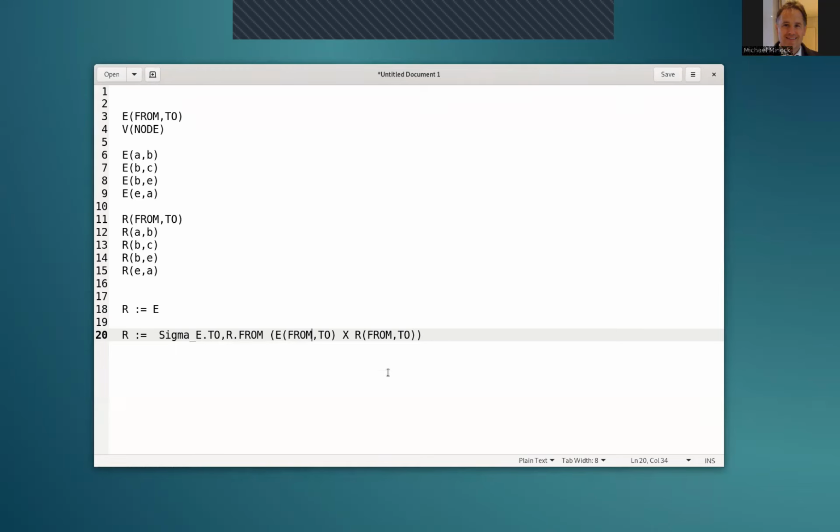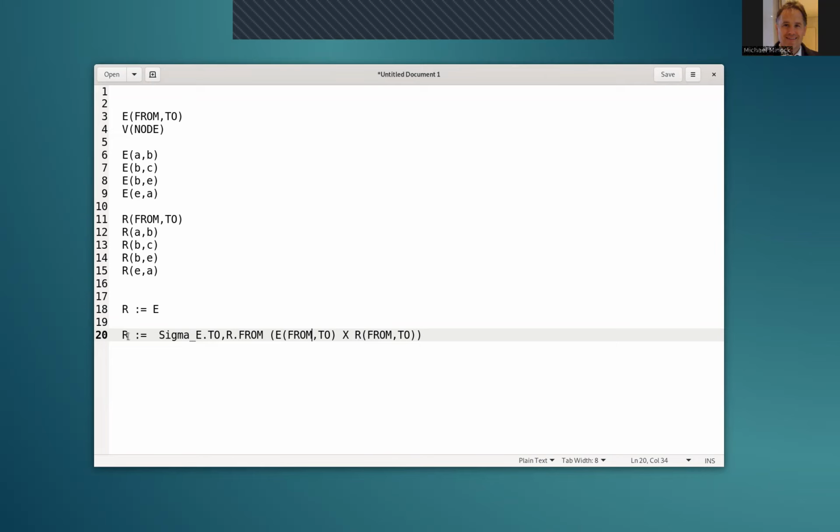All right. Okay. Now, do people see how this works here? Okay, R equals E. That's what this is right here. Now we have an R, and there's an R here. And notice that R is dynamic. R is recursive. It's going to grow and grow until it can't grow anymore.